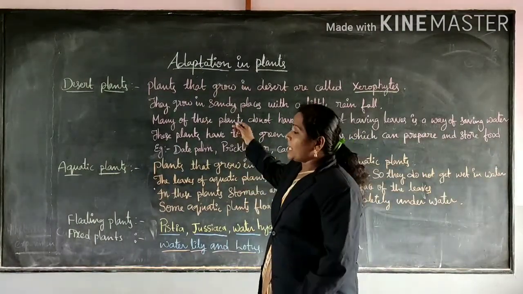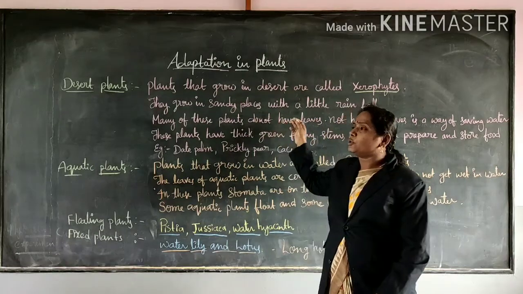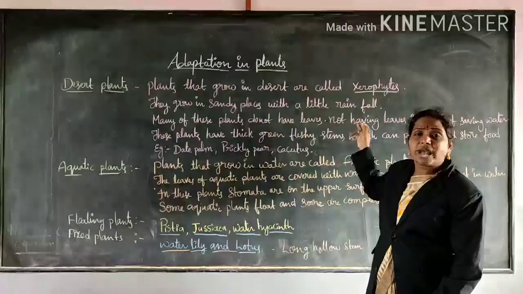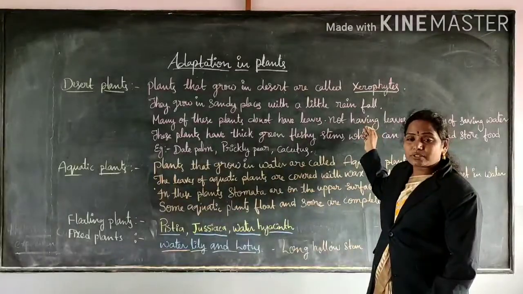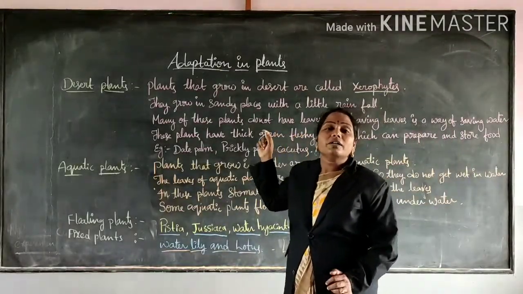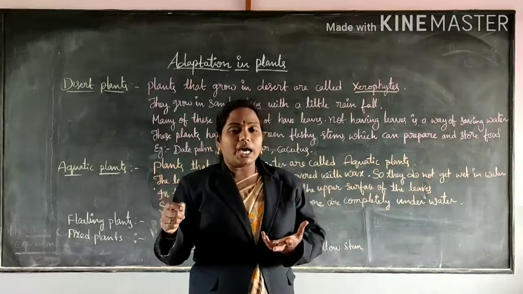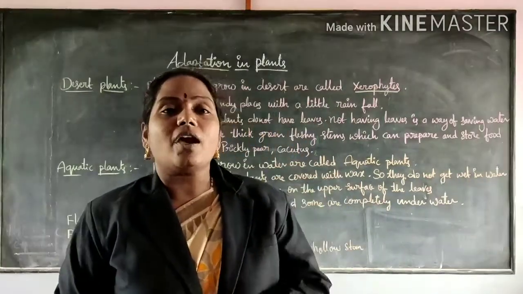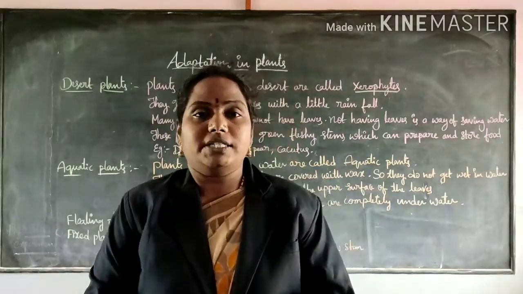And many of these plants do not have leaves. Many desert plants do not have leaves because they have to save water. Not having leaves is one way of saving water.